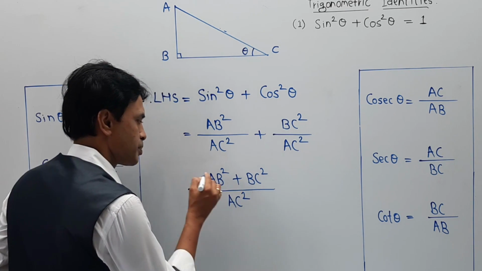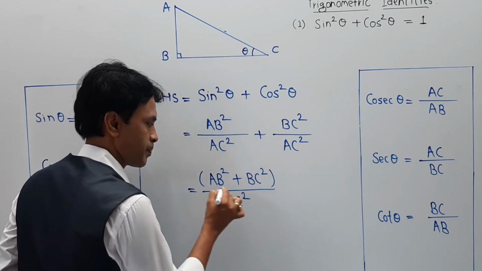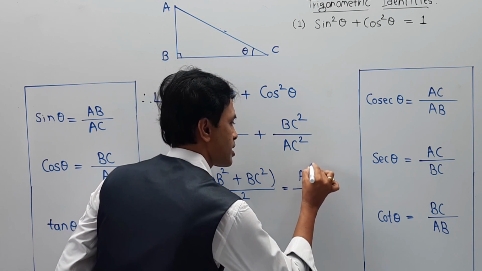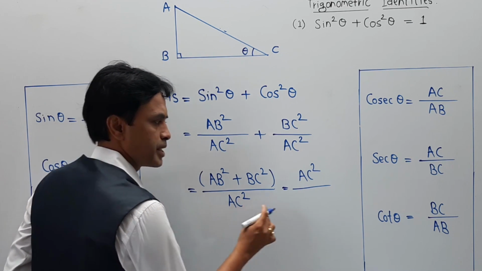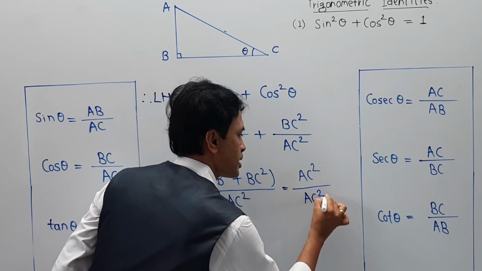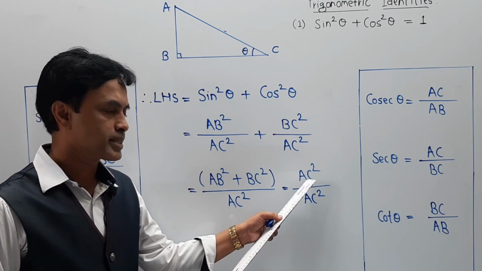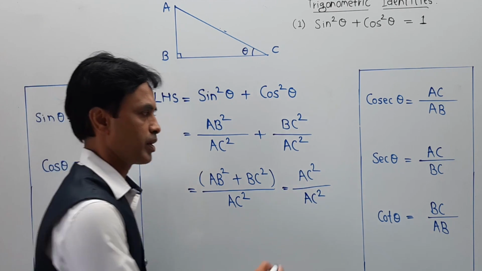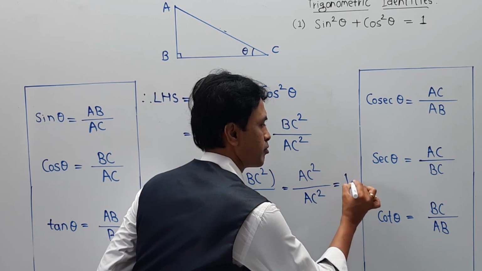Naturally this evaluation becomes AC square, and already your base is AC square. So AC square upon AC square is nothing but 1. So simply I am going to write it as 1.